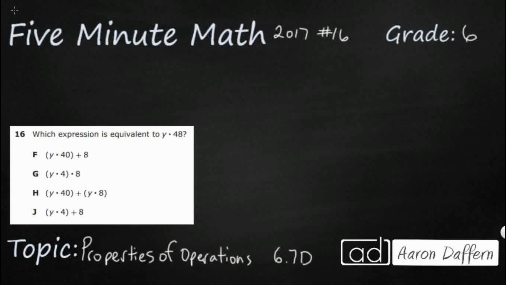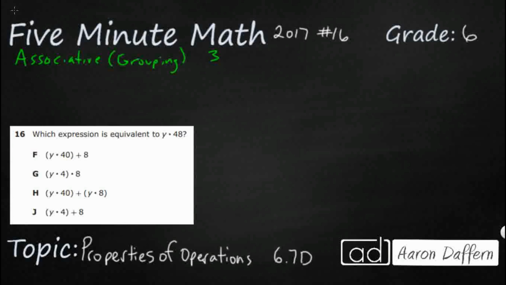So we are looking at properties of operations, and let's talk about three that are very important for us. The first property is the associative property, and sometimes we will call this the grouping property. This grouping property lets us group numbers together in different combinations, as long as you're not changing the operation.